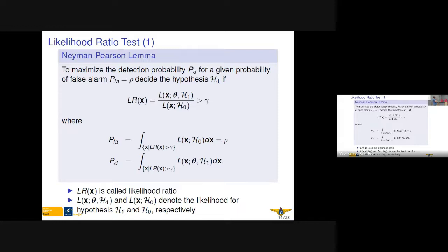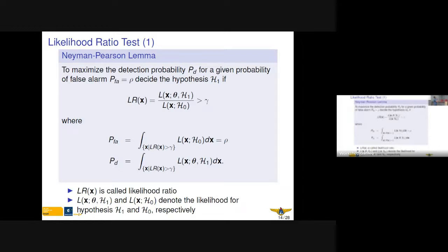And we can calculate the two here. The probability of false alarm is the integral over X with the property that the likelihood ratio of X is larger than the threshold, over the likelihood dependent on the hypothesis 0. And this would be equivalent to rho. This is also how we can define the threshold, because we have to scale gamma such that the integral is equivalent to the desired false alarm probability.